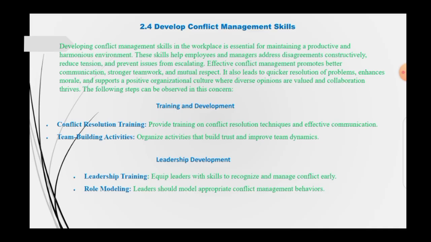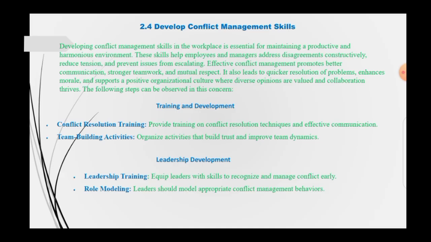Developing these skills means gaining the ability to stay calm, listen actively, and communicate clearly during conflicts. It also includes understanding different conflict styles, identifying the root causes of issues, and finding solutions that satisfy all parties involved.